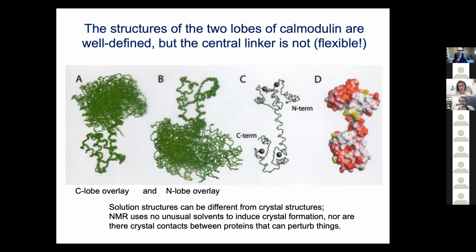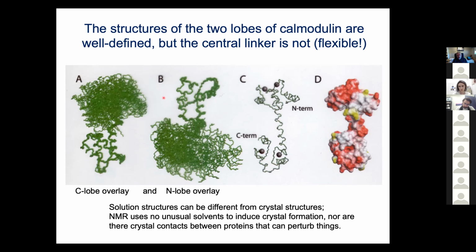Now, the reason for that is very simple. This lobe of calmodulin is very well defined. This lobe of calmodulin is very well defined. But this region in between here is not fixed and not defined. So if you overlay the C-terminus, the N-terminus can take up whatever orientation it wants.